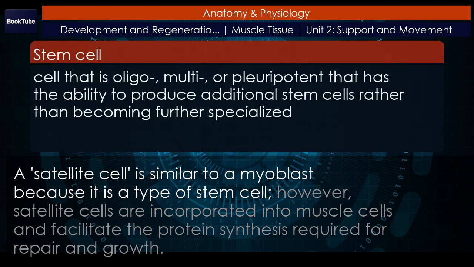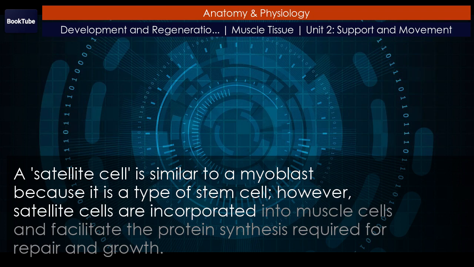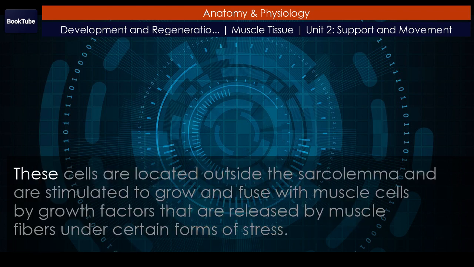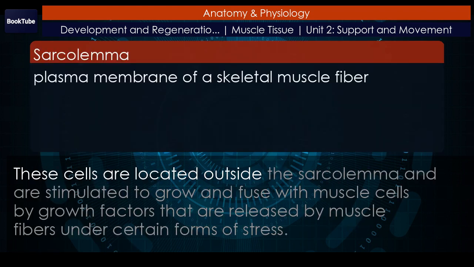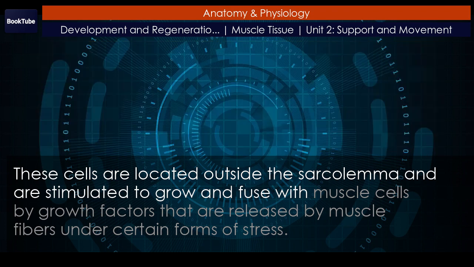However, satellite cells are incorporated into muscle cells and facilitate the protein synthesis required for repair and growth. These cells are located outside the sarcolemma and are stimulated to grow and fuse with muscle cells by growth factors that are released by muscle fibers under certain forms of stress.